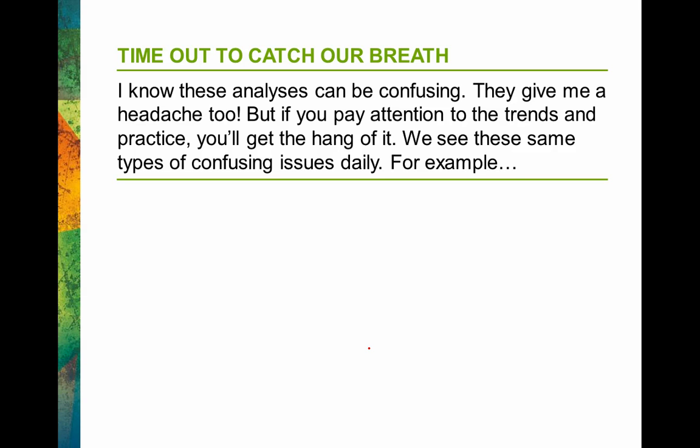You really need to think them over and practice. But if you pay attention to the trends, you'll see everything that we just computed was essentially the same. We just used some different words. We computed the absolute differences between values and then the relative differences between values. So hang in there and go over some examples in the textbook, and then we'll go over some examples together when we're in class.